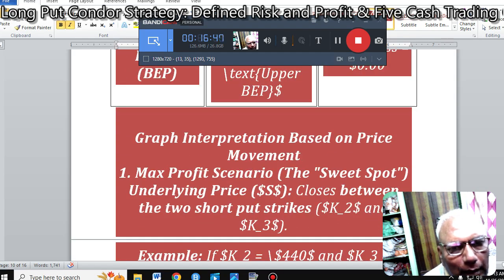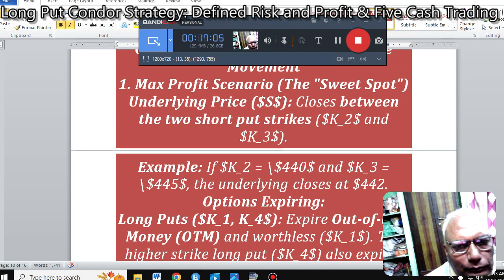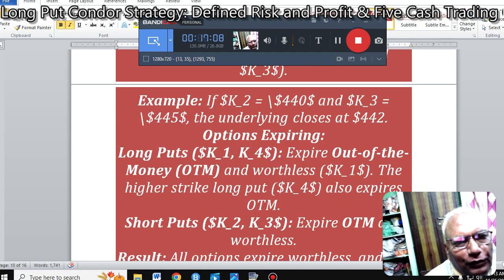Graph interpretation based on price movement. Maximum profit scenario, the sweet spot: the underlying price closes between the two short put strikes K2 and K3. Example, if K2 equals $440 and K3 equals $445, the underlying closes at $442.